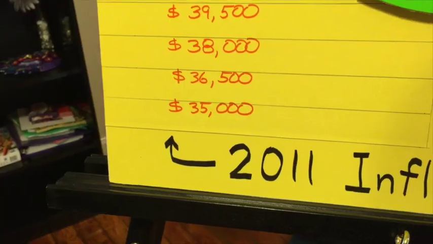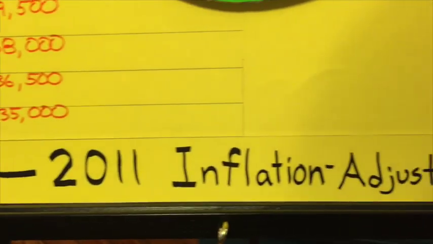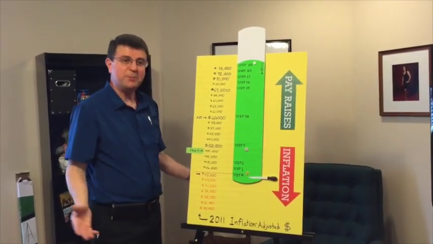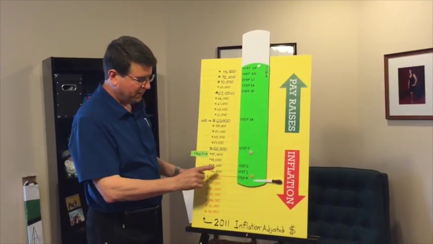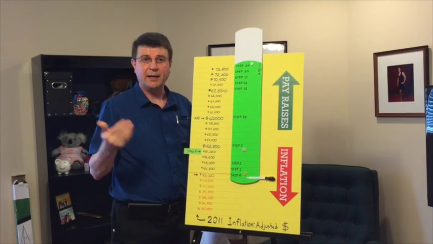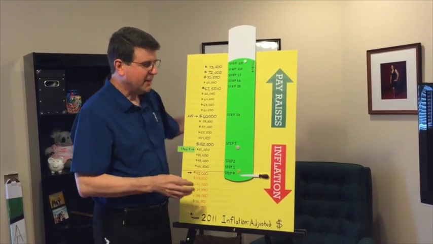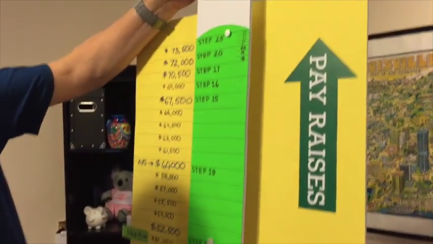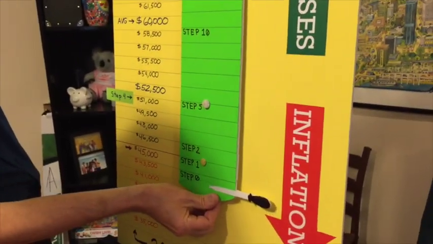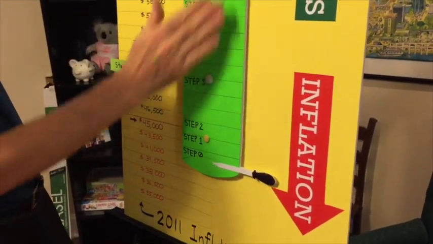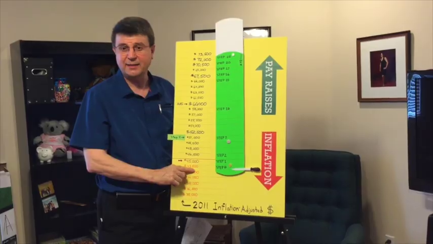So we're going to look at this as inflation-adjusted dollars so that we can keep using 2011 figures, which means one year later, $45,000 would buy 3% less than it would the year this new hire was hired. So all things being equal, this entire salary schedule would have to move down some, because the buying power of $45,000 would be 3% less.